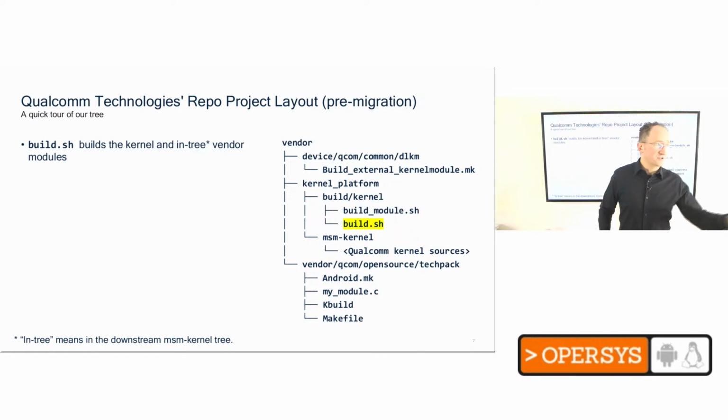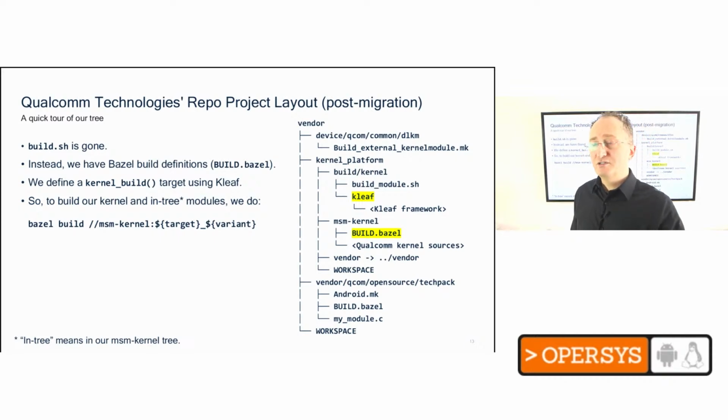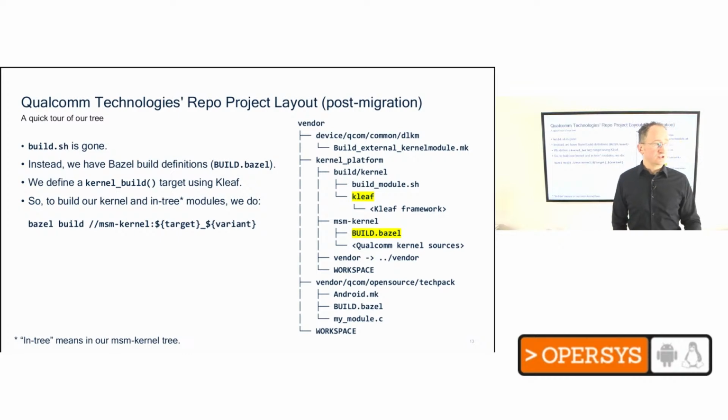So this is the stuff before the migration, and post-migration, as you can see, they're moving to all this Bazel stuff, with the integration of the different files, including the build Bazel files and so on and so forth.